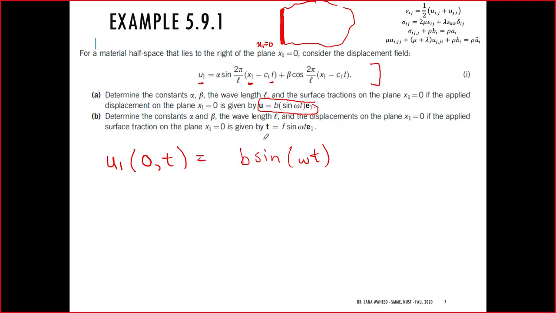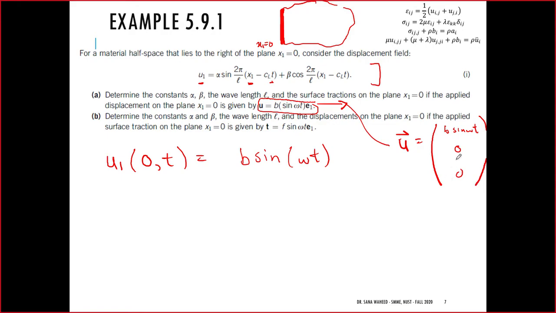Let me explain what I meant by writing u1 instead of e1. This tells me only that u, the vector, is actually equal to b sin omega t in e1, 0 in e2, 0 in e3, right?